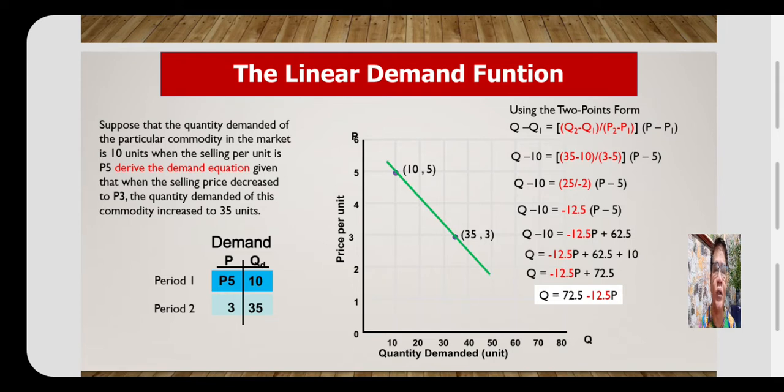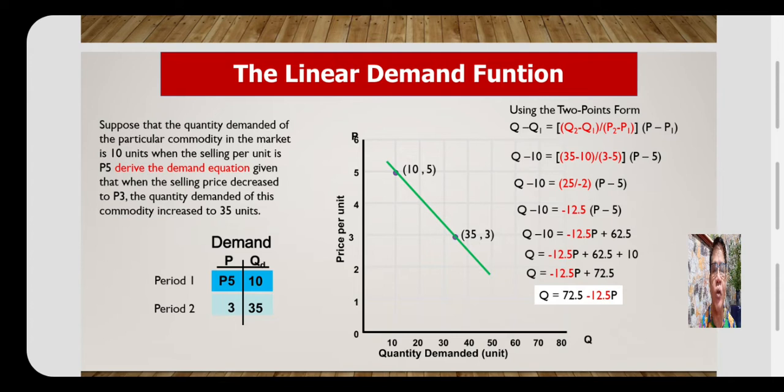But let us just begin this problem from reading the given problem. Suppose that the quantity demanded of the particular commodity in the market is 10 units when the selling price is 5 pesos.